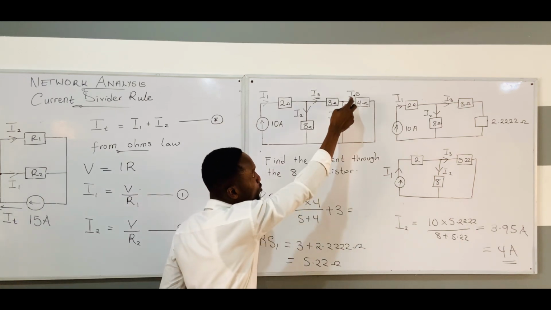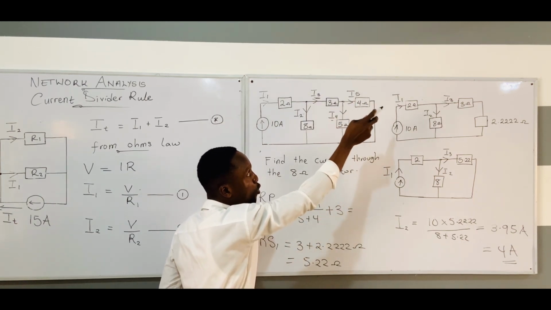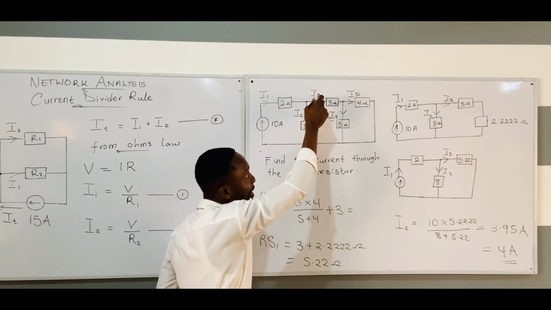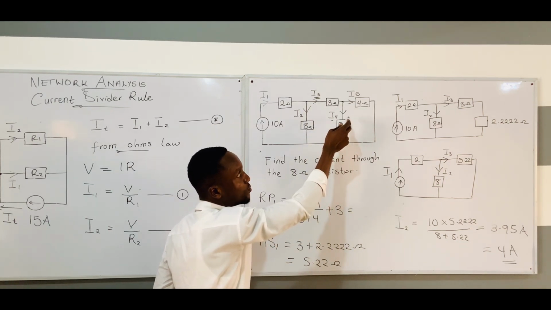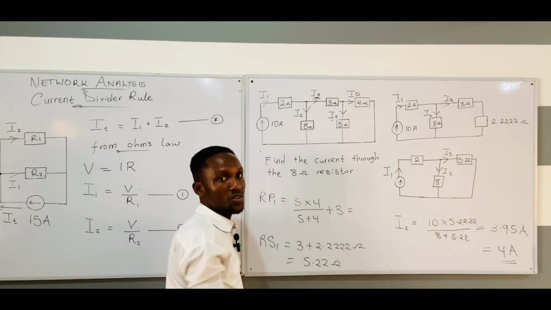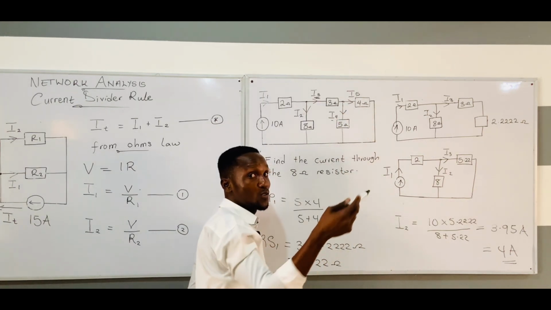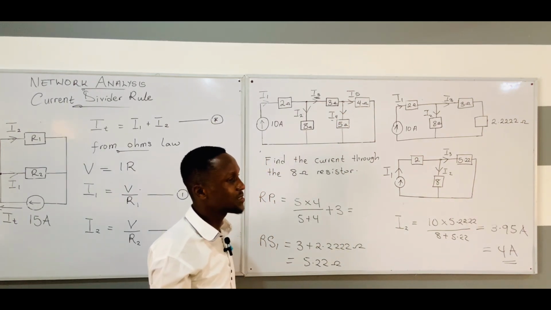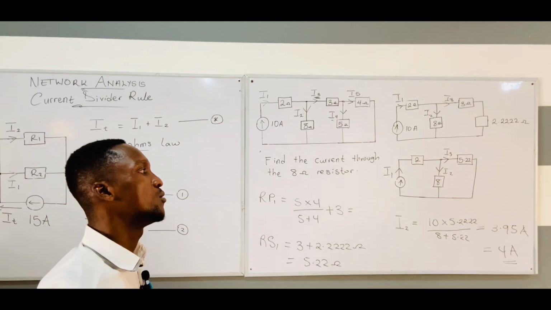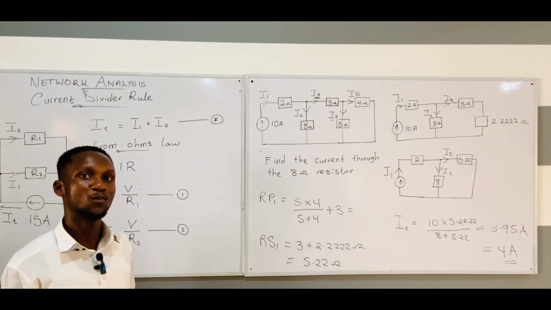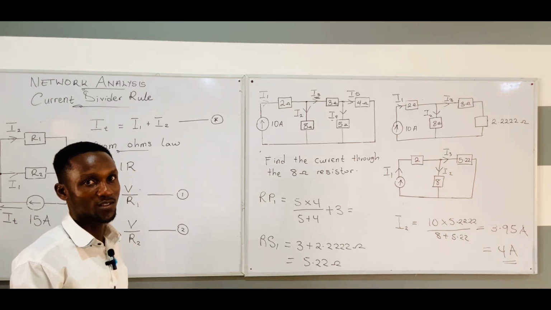Or you can also say that I5 equals the supply current, which is I3, times the opposite resistor 4 ohm, divided by 4 plus 5. And you will get the current passing through here without using Kirchhoff's current law. So this is how we apply the current divider rule when we are dealing with network analysis or network theorems.